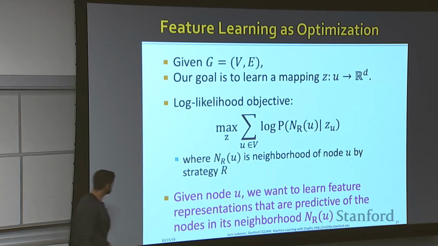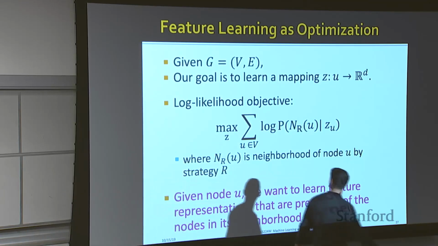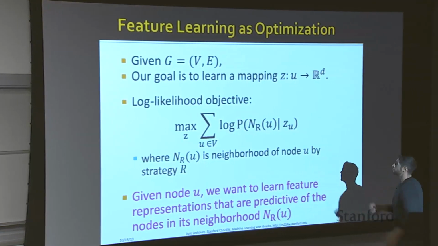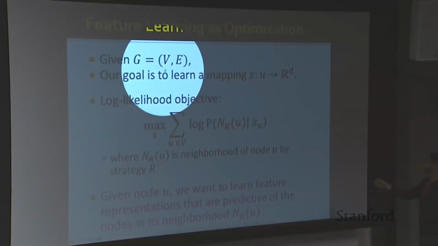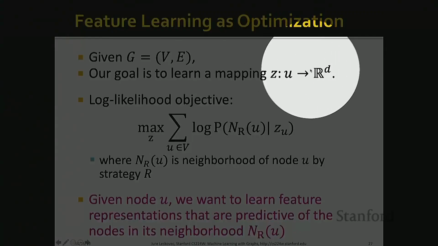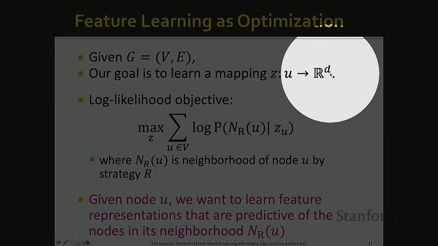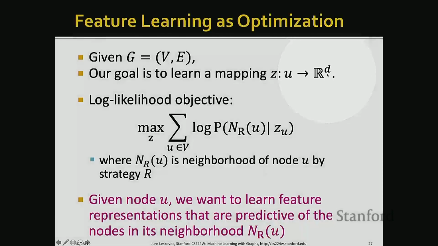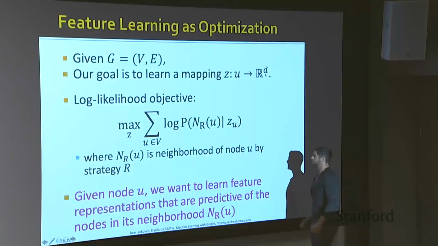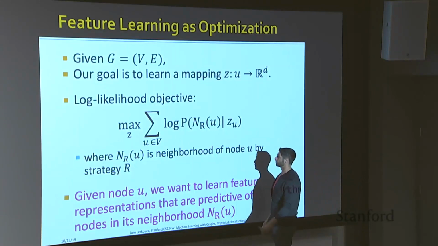All right, so let's start to formalize the problem a bit more. Once again, we have our graph G. The goal is to learn our mapping, so from nodes we want to go to our d-dimensional embedding space. Now we can express our objective in terms of log likelihood.